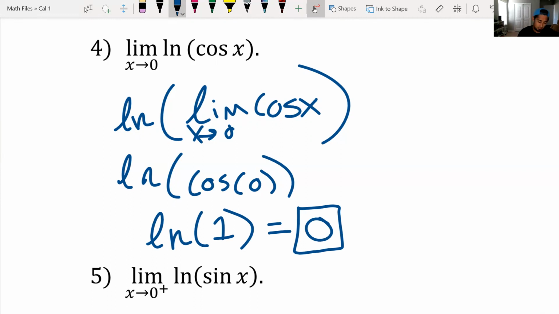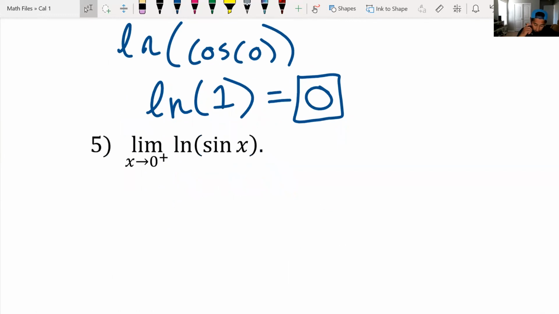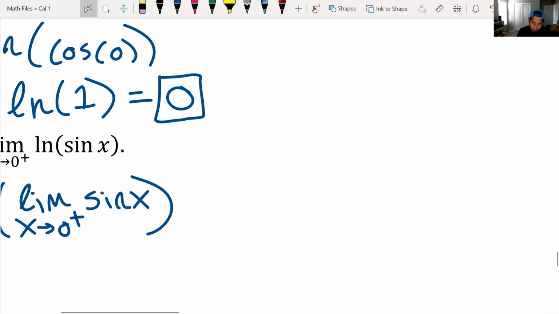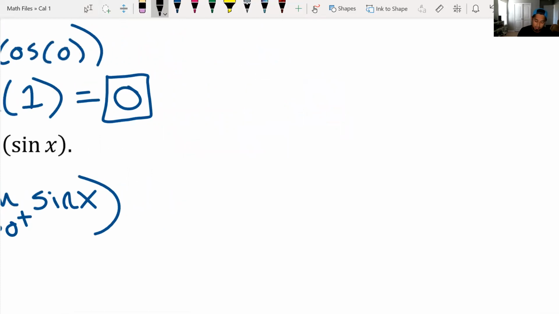Next one. The limit as x approaches 0 from the right of the natural log of sine x. So once again, rewrite: natural log of the limit as x approaches 0 from the right of sine x. And yes, we could definitely plug in 0, but again, I just want to keep practicing, remember the graphs, right?